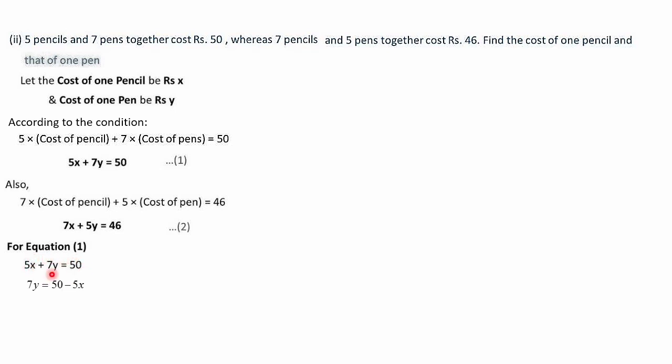Here I am taking y as the variable. So 7y is equal to taking 5x to the right side. So plus 5x coming to the right side means minus 5x. Then y is equal to 50 minus 5x divided by 7. 7 into y, this 7 comes to the right side, means comes as denominator. That is 50 minus 5x by 7.